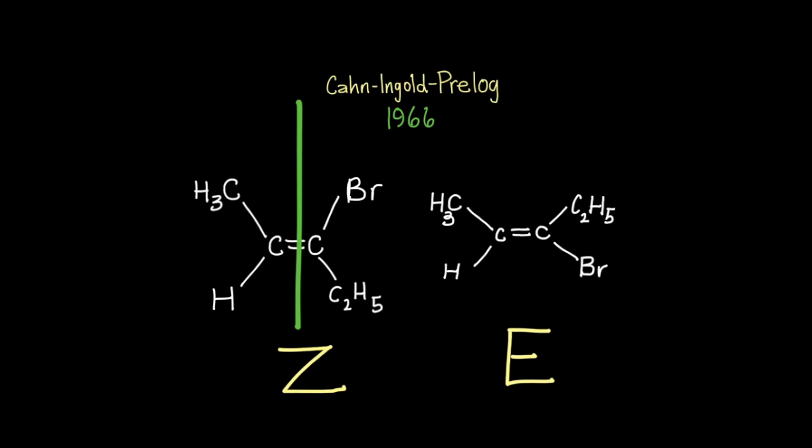Then this becomes the Z conformation, also known as the cis conformation. On this side, the higher priority groups are located in opposite corners of the molecule, giving rise to the trans conformation or the E conformation.